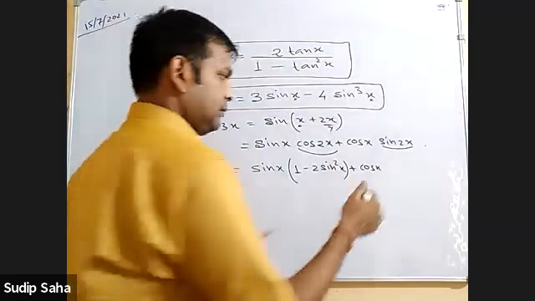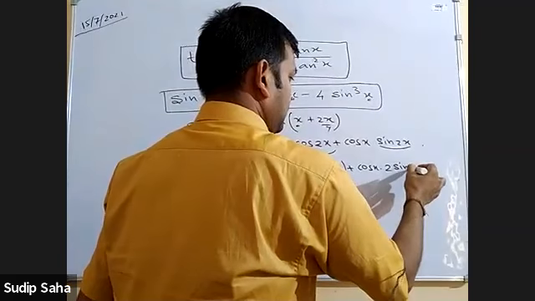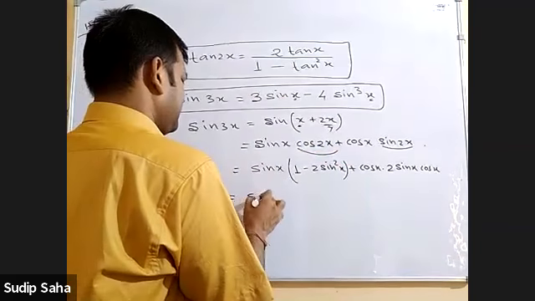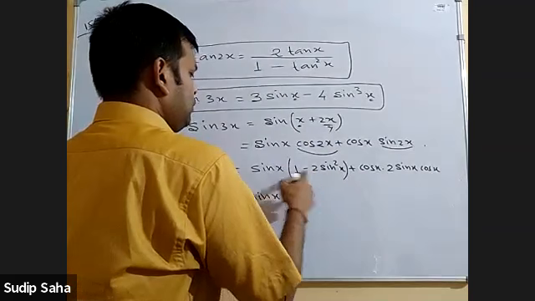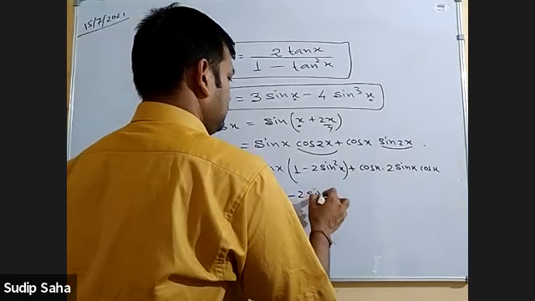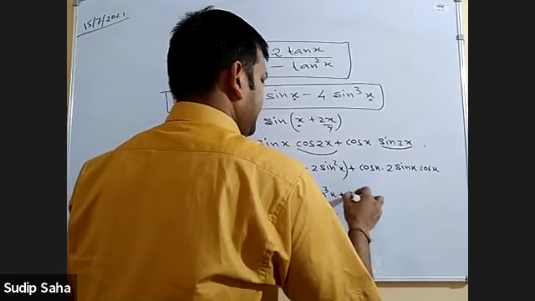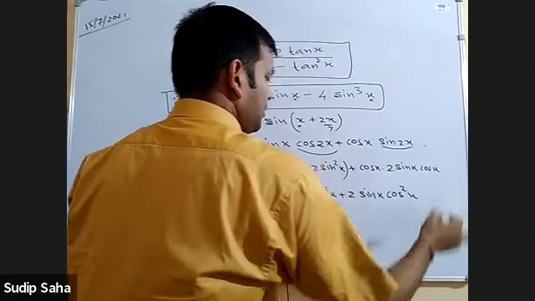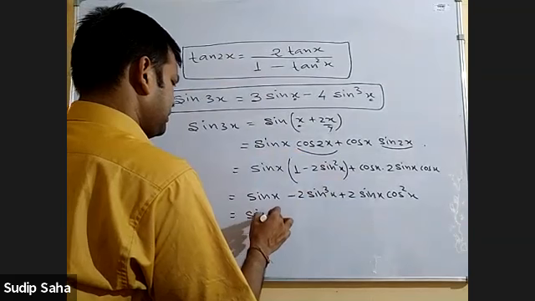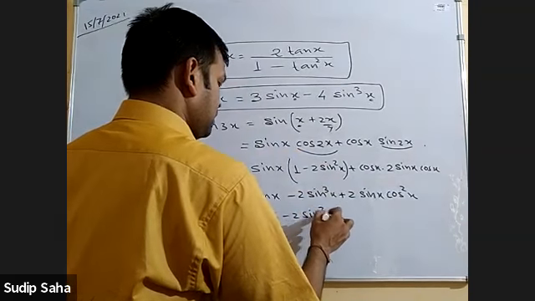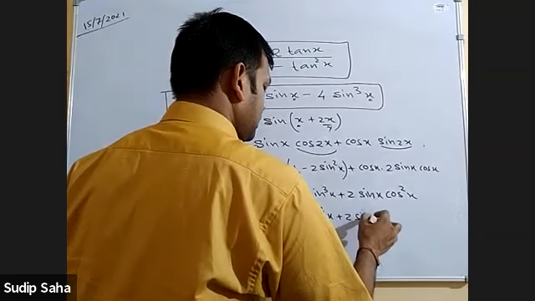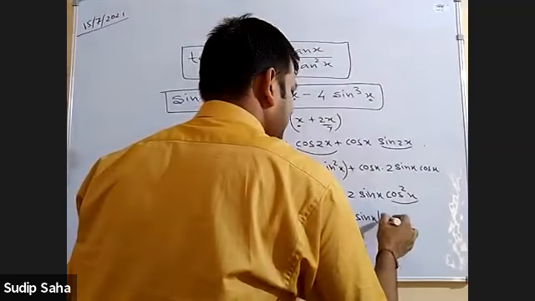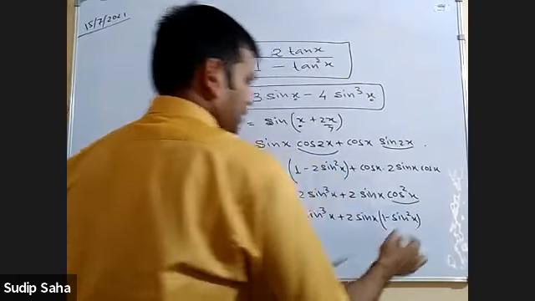2 sine x cos x. Multiplied: sine x into 1, sine x, minus 2 sine x sine square, sine cube, plus 2 sine x cos square x. Now this cos square x you have to change into sine because all are in terms of sine: 1 minus sine square x.